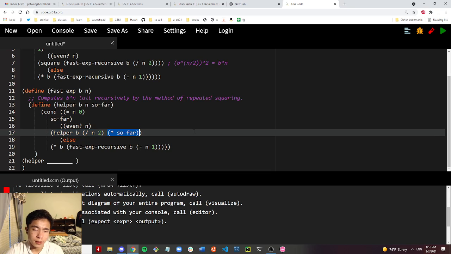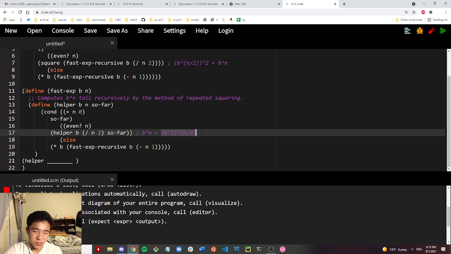The question is, how do you do that? Well, one thing to note about math in general is that if we had something like b to the power of n, it's going to be equivalent to b squared to the power of n divided by 2.